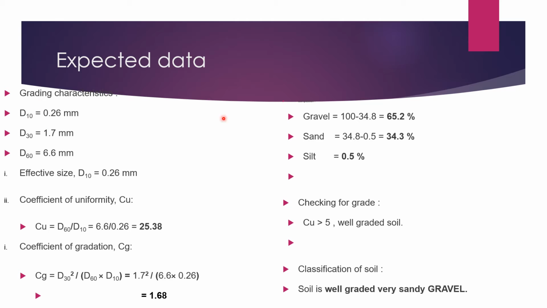For the experiment, the percent of gravel is 65.2%, sand is 34.3%, and silt is 0.5%. The soil that I used is well graded, very sandy gravel.